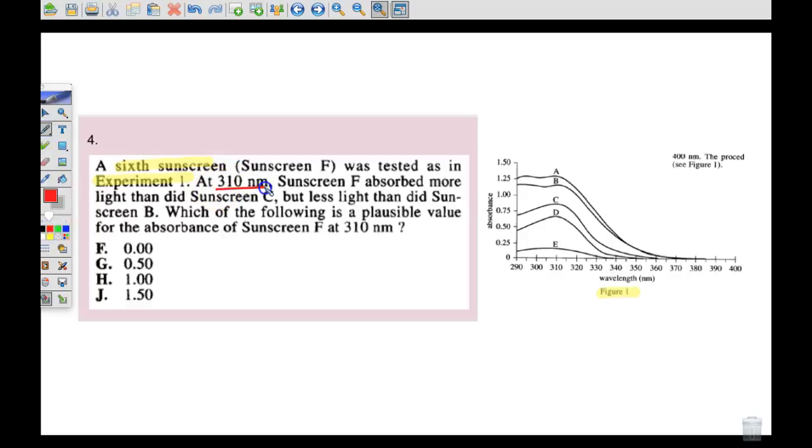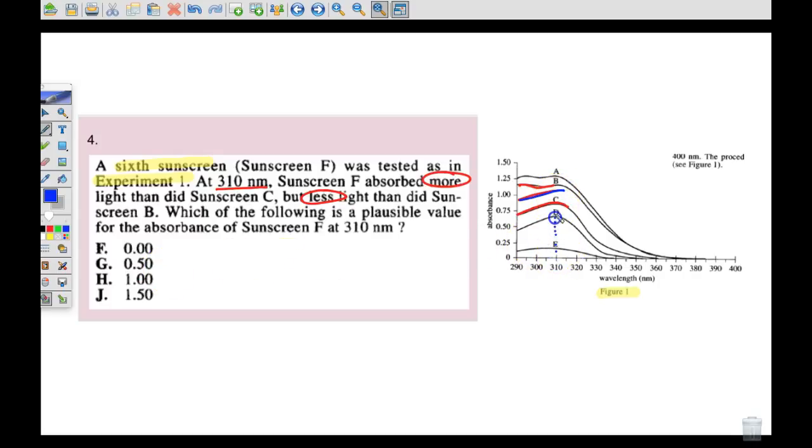And at 310 nanometers, sunscreen F, our new sunscreen, absorbed more light than did sunscreen C. Okay, so here's C, so it's more, but less than sunscreen B. So it's in between B and C. So if it's in between B and C, the closest value that I have for the absorbance is at 310.